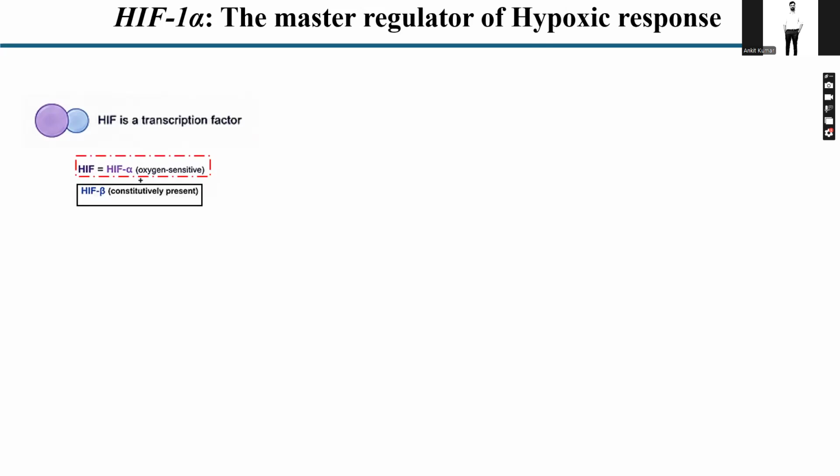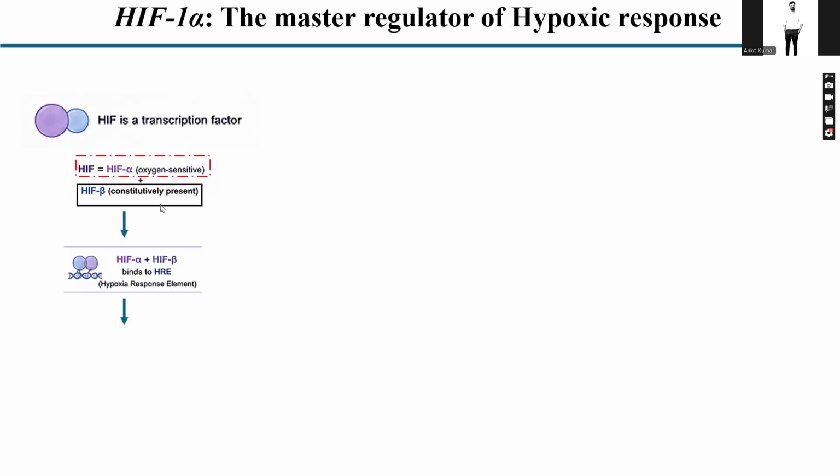Under low oxygen conditions, it becomes stable and accumulates inside the cells, and it combines with HIF beta to activate the expression of genes involved in the survival pathway under hypoxic conditions. Because the alpha subunit responds directly to oxygen availability, it acts as a key regulator of the hypoxia response.